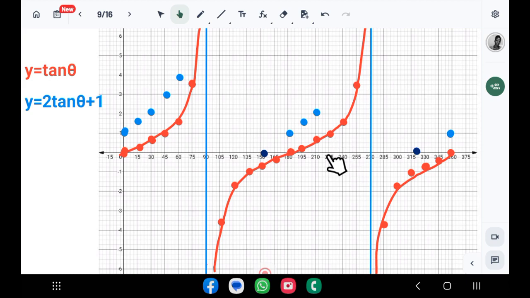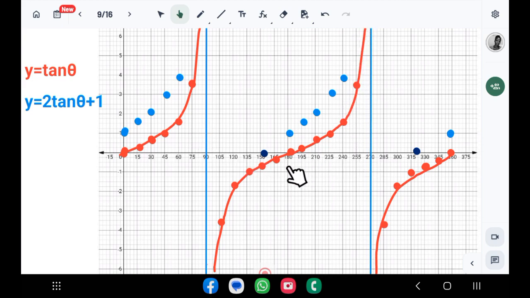It should be at 3. Next, 60 matches with 240. It should be just below 4. Just below 4 there. All right, next, 75 matches with 255, and that's out of range.